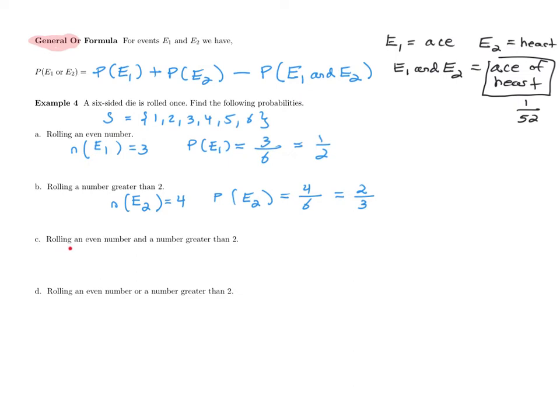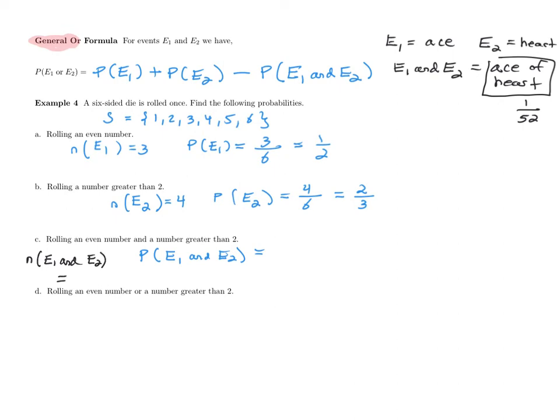Here we have rolling an even number and a number greater than 2. So this time, we want the probability of E1 and E2. Here we're using the same E1 and E2 that were in parts A and B. Off to the side, what's the number of things in this event of being even and greater than 2 at the same time?